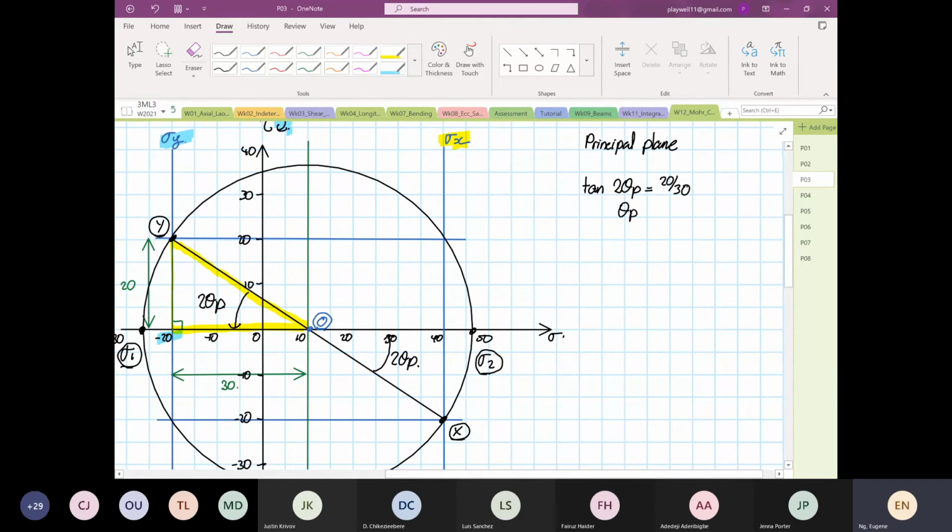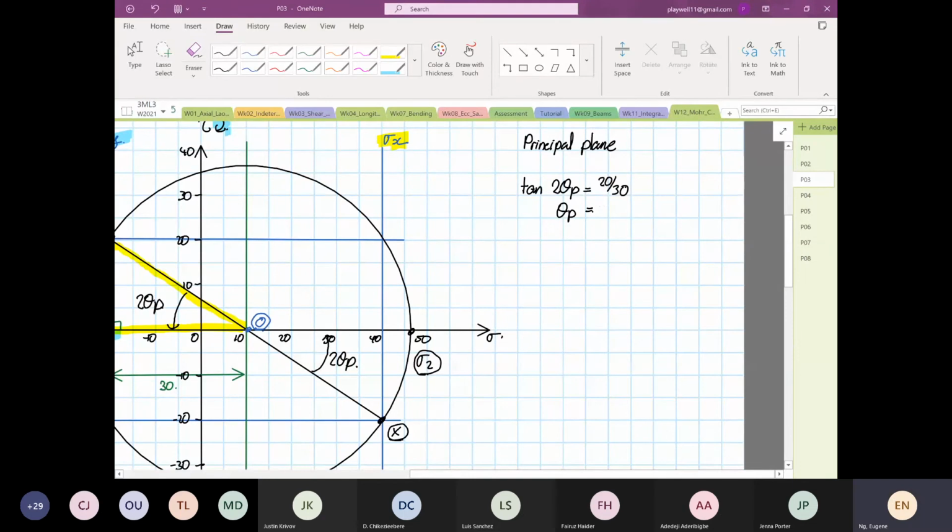So theta p is equal to 20 divided by 30 inverse tangent divided by 2, which is equal to 16.8 degrees. Right, 16.8 degrees rotating in an anti-clockwise direction.